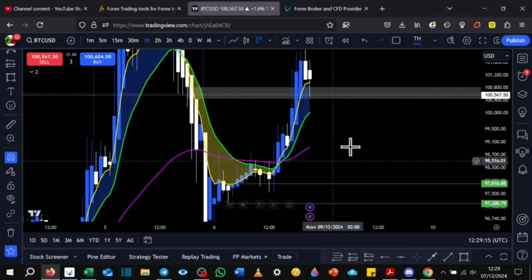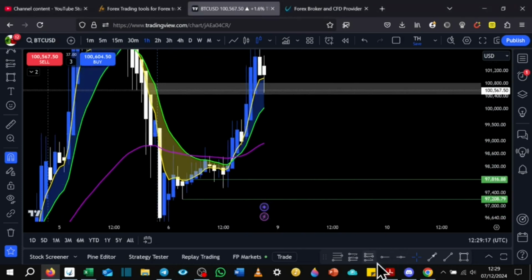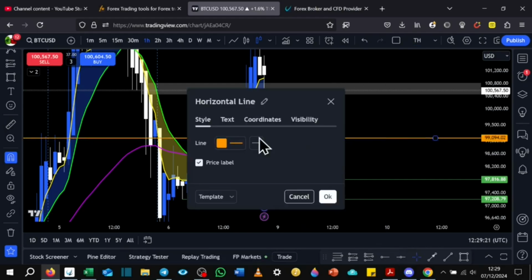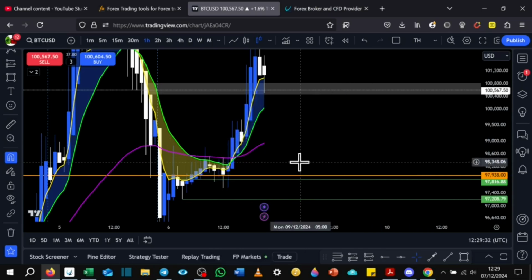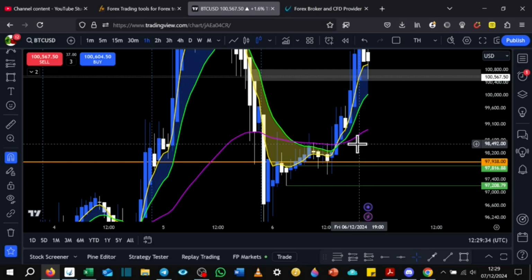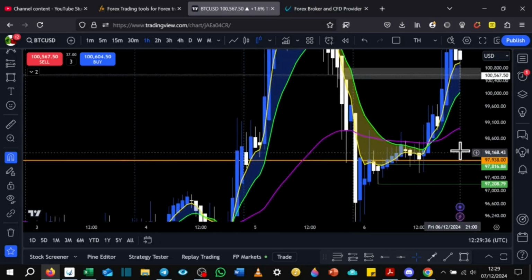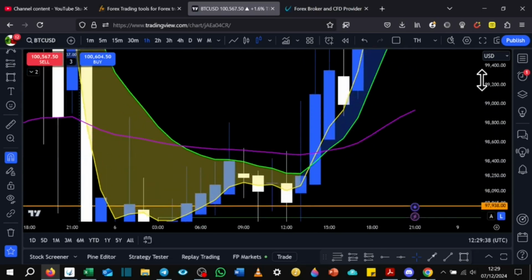So if we come back to here, I got in where that orange line is there.